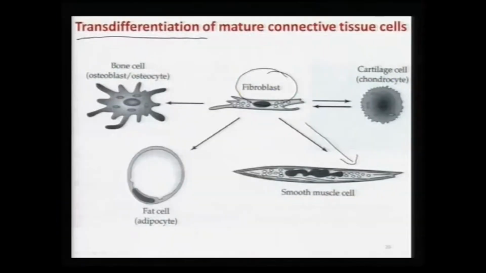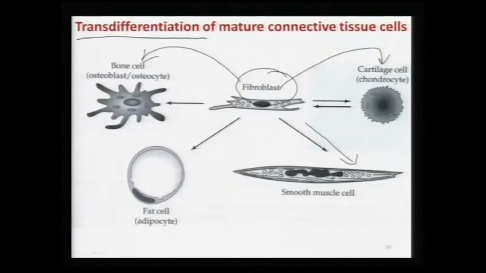So, fibroblast cells can also be transdifferentiated into cartilage cells, chondrocyte cells. Fibroblast cells can be transformed to bone cells, osteoblast and osteocyte. Osteocyte is the more matured differentiated cell formed from the osteoblast cells. So, osteoblast and osteocytes are both the same cell type.